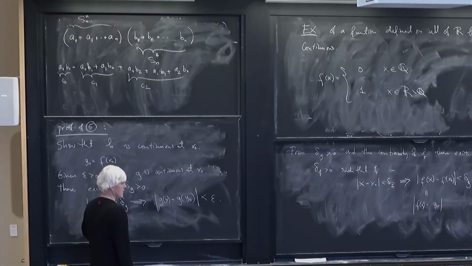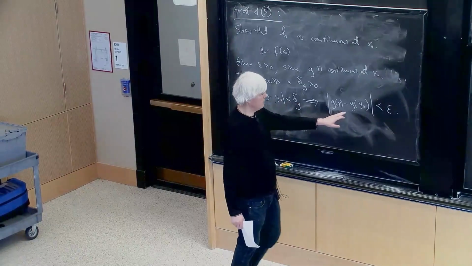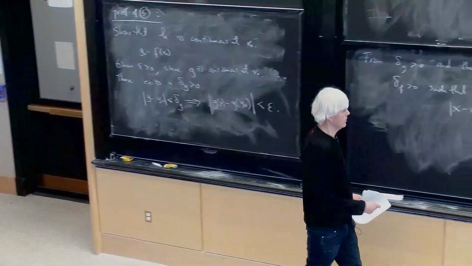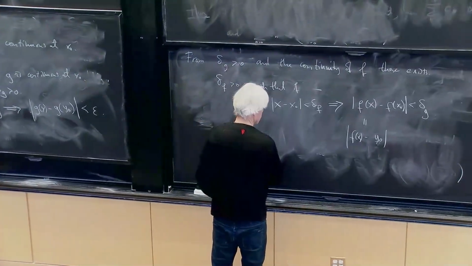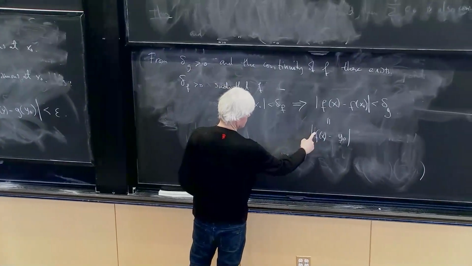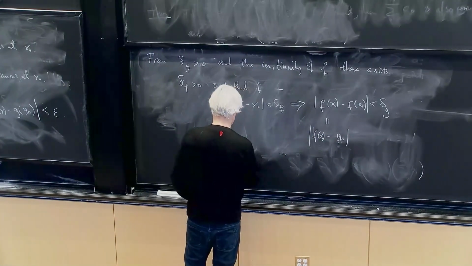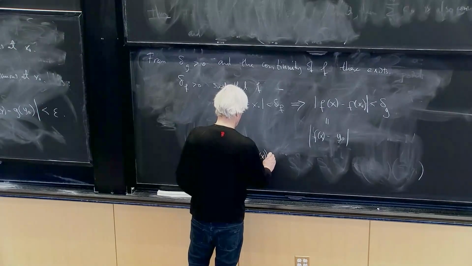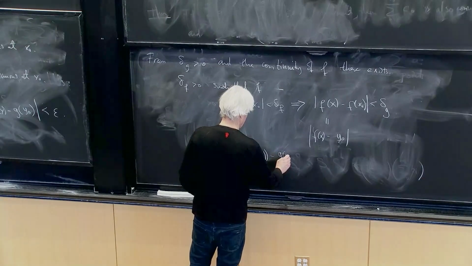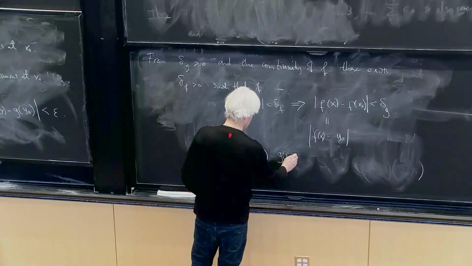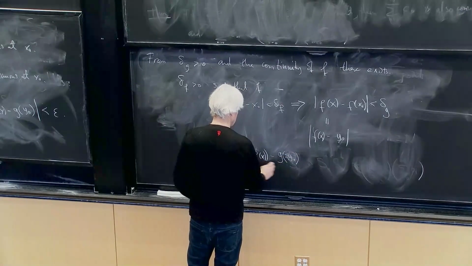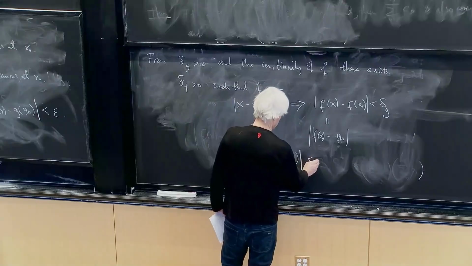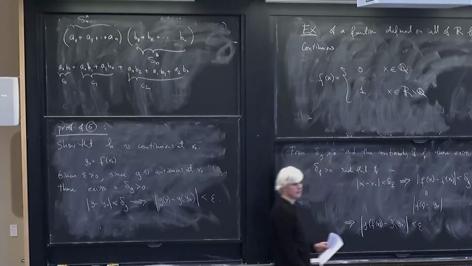So I'm in this situation. It means that the images of these 2 under g, so g of f of x minus g of y0, is less than epsilon.